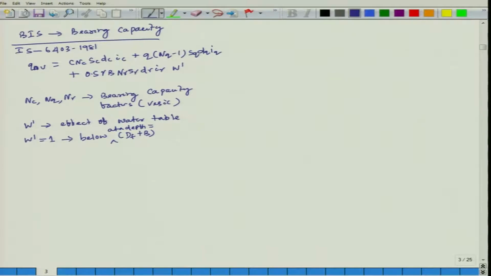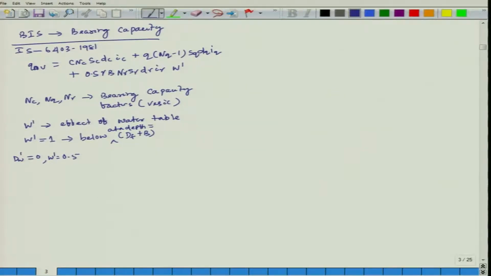Then they have given the water table corrections varying from 0 to 0.5. If it is the fully submerged case, then it will be 0.5, that means the depth of the water table is at the ground surface, at 0, then W prime is equal to 0.5, which we have earlier discussed.